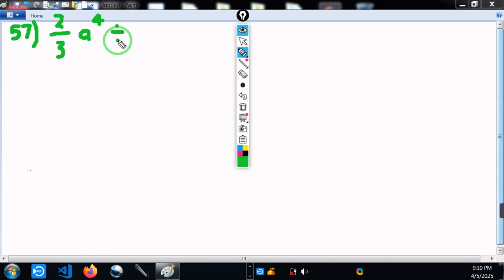Divided by negative 12a7, meaning negative 12a7. The power is 7. So this one you do something. The one that should help you will be just put over 1.